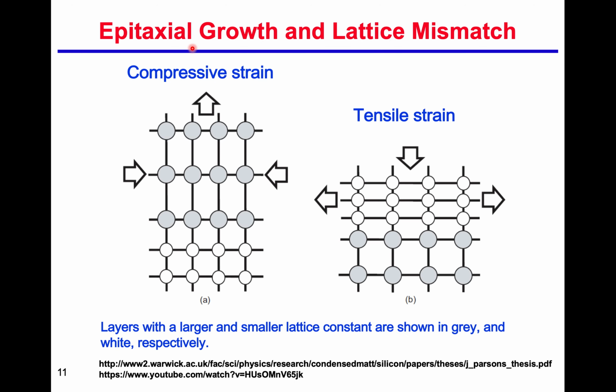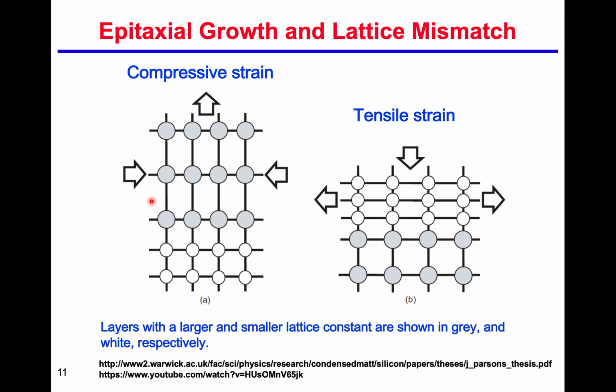Okay, first of all, let's go through some fundamentals about epitaxial growth. If we want specific light emission wavelengths, then we need to choose suitable materials. And we will see that the material must be grown on a substrate, and the substrate has a certain lattice constant.